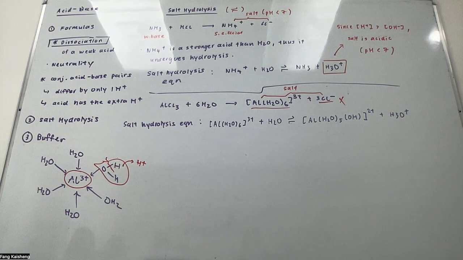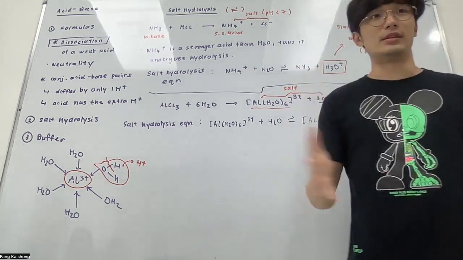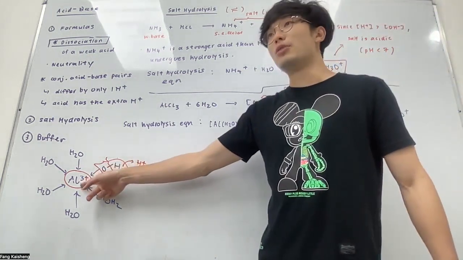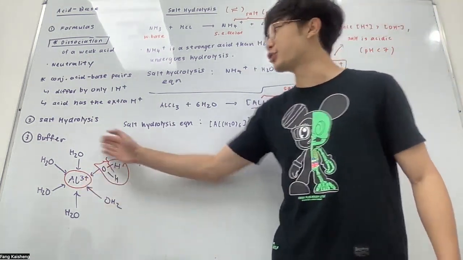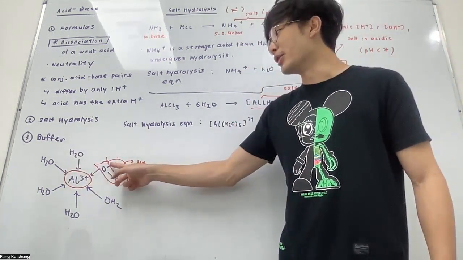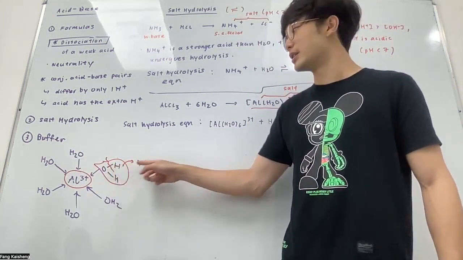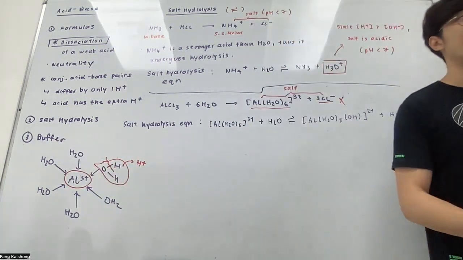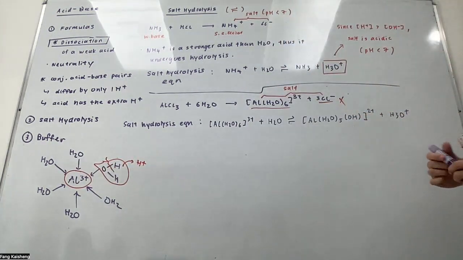Okay, so bear in mind, I repeat in simple terms: Al3+, super attractive. Electrons are all flocking towards the center. As a result, the bond here starts to weaken. Eventually, it breaks to produce H+. The entire process, I'm going to write it in words now.